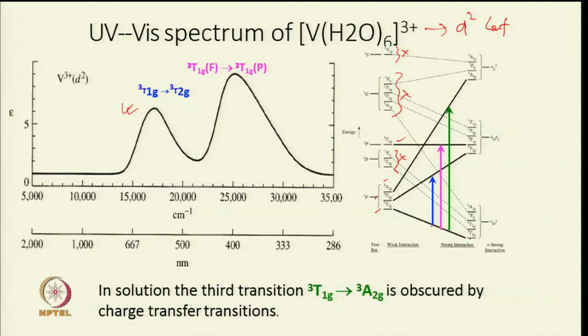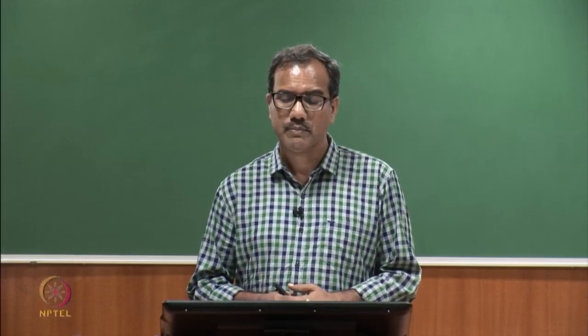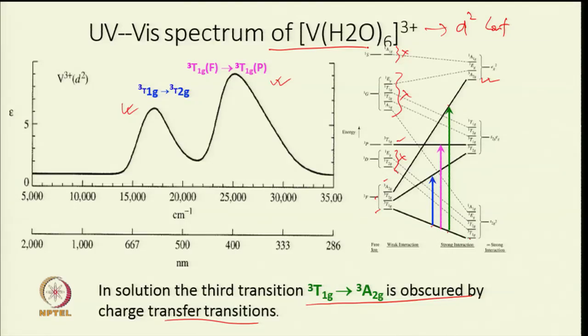The second one is 3T1g to 3T1g. The third one is 3T1g to 3A2g. This is basically obscured by the charge transfer transition, which I am not going to discuss in this class, but you expect 3 different peaks in the spectrum of this transition metal complex.